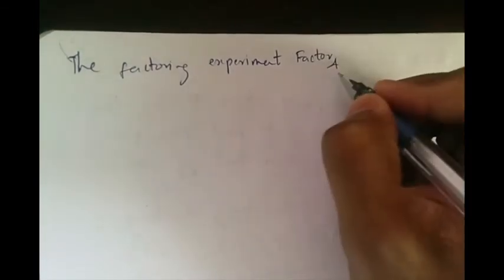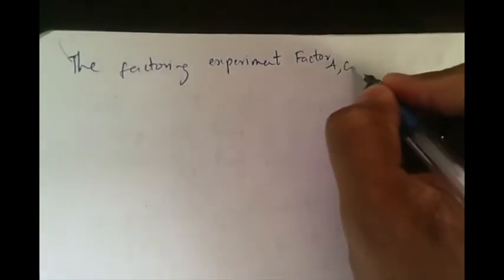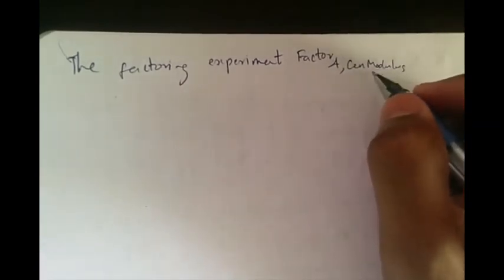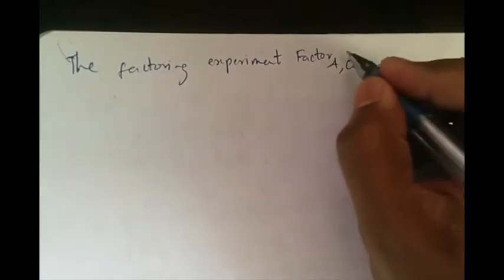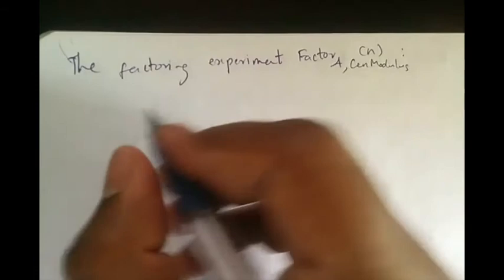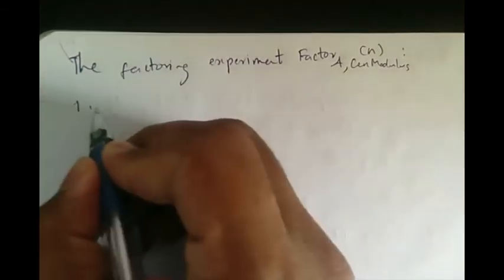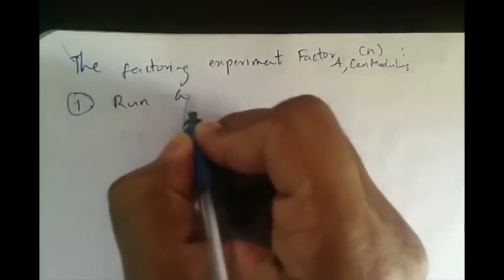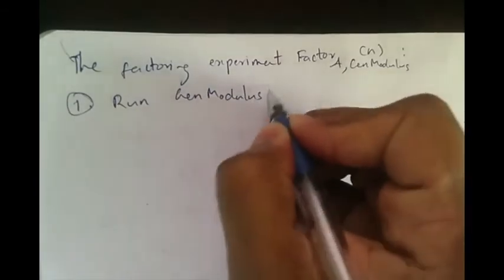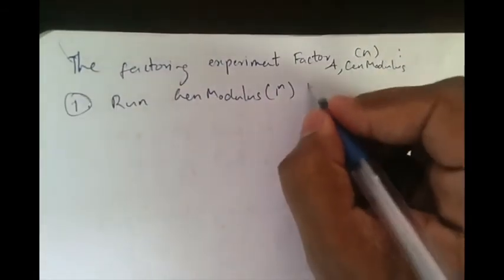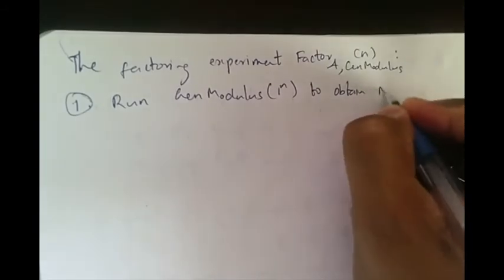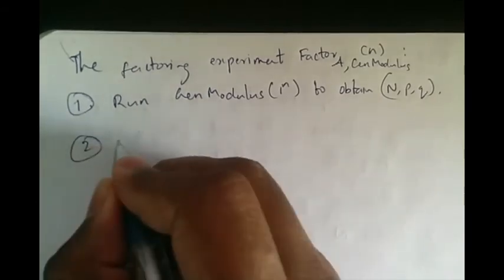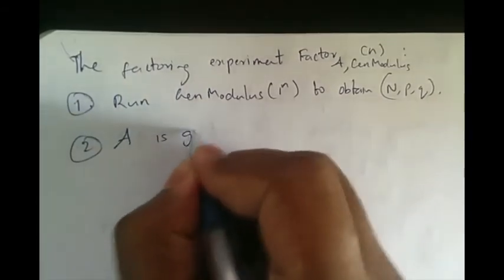Once again, you have an adversary A and the gen modulus algorithm. The experiment is defined with respect to these two, and a security parameter. The experiment has three steps. The first, you run gen modulus with security parameter 1 raised to n to obtain N, p, q, the triple.